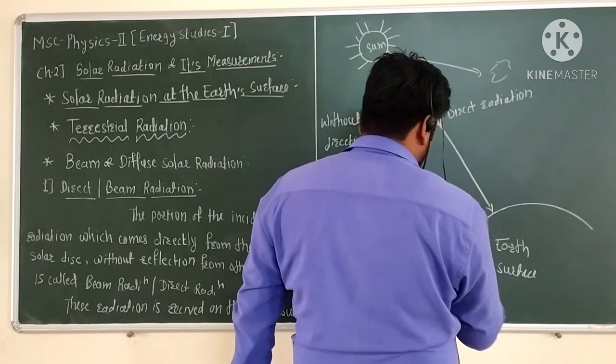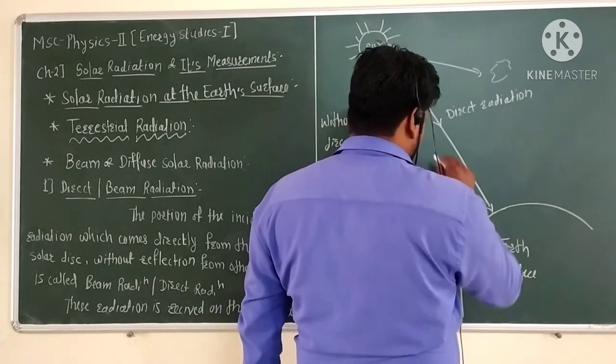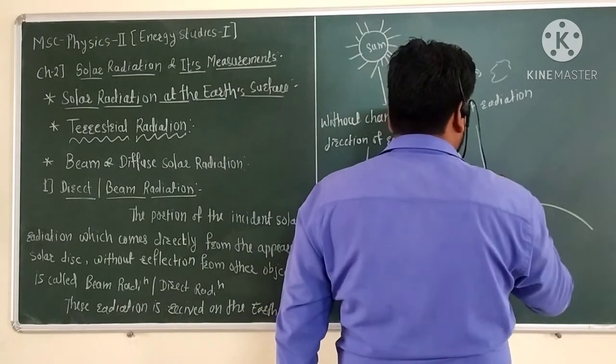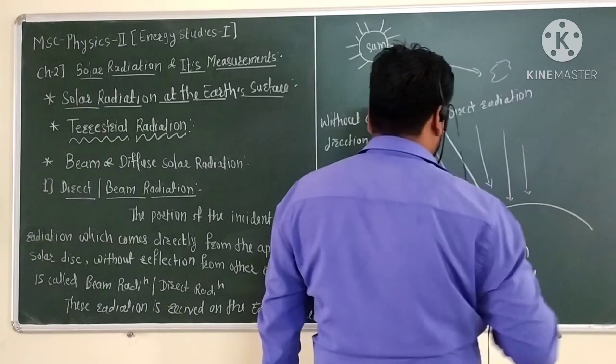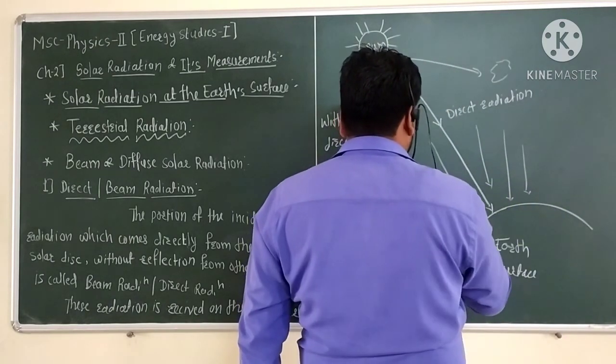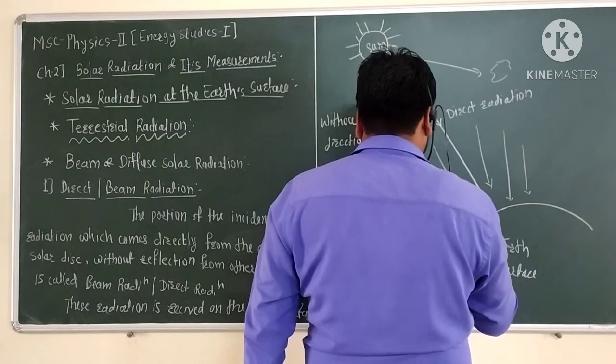This radiation travels in other directions, here and there, and afterwards comes to the earth surface or is incident on the earth surface. That type of radiation is considered as the diffuse radiation.